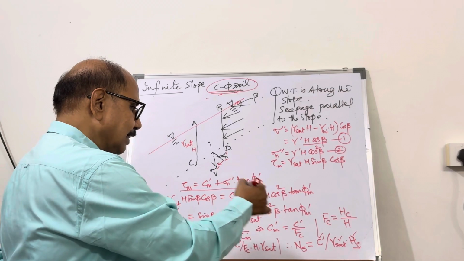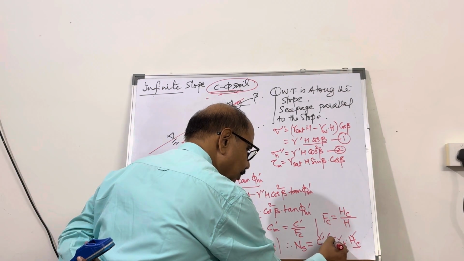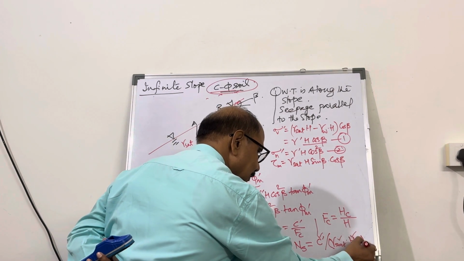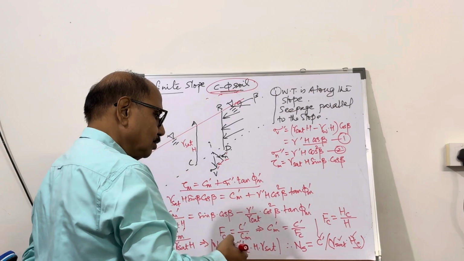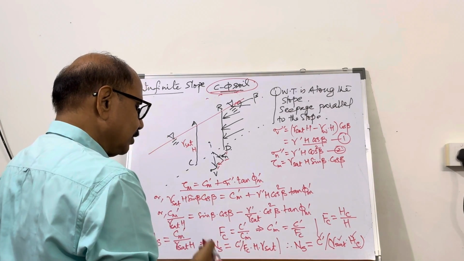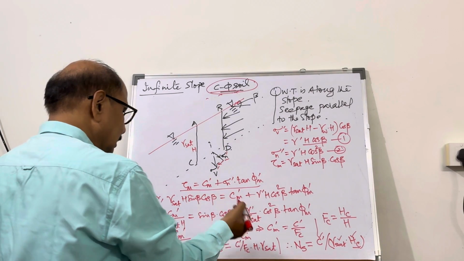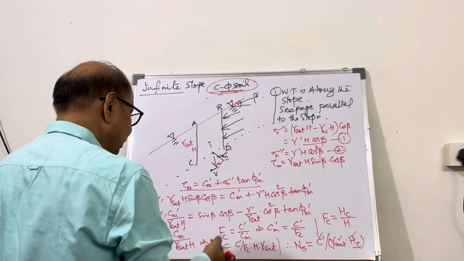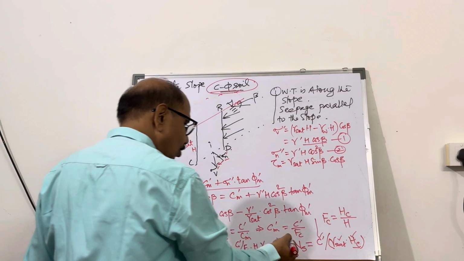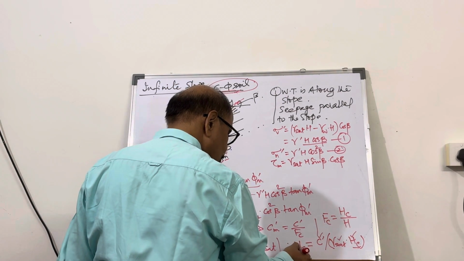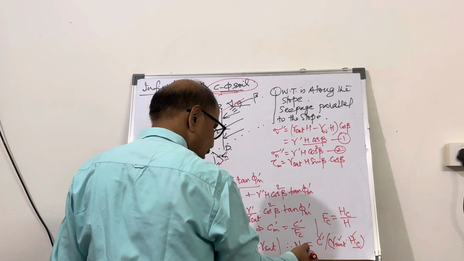So, you can calculate the stability number, 50 divided by 15.3 multiplied by 20. So, friends, the stability number can easily be calculated. Or the critical height can also be found, if the stability number is known to you, for the given data.